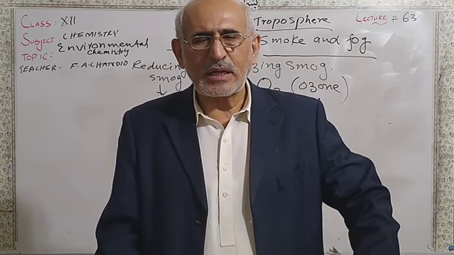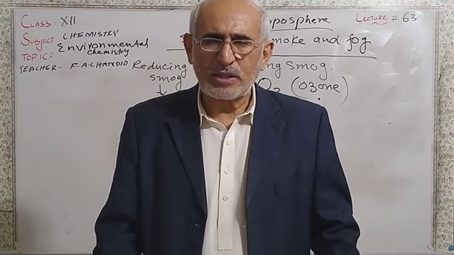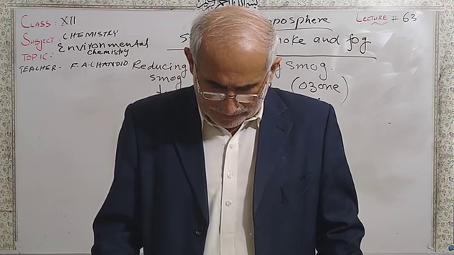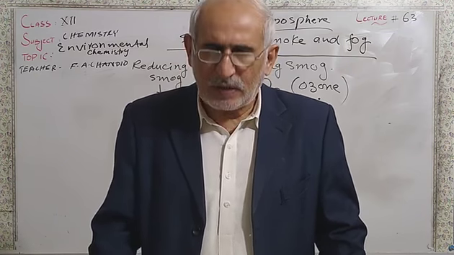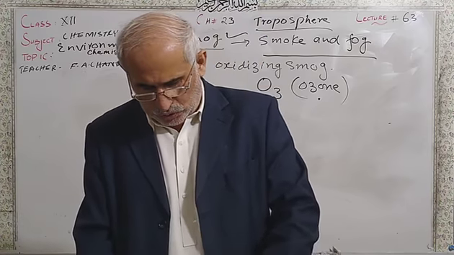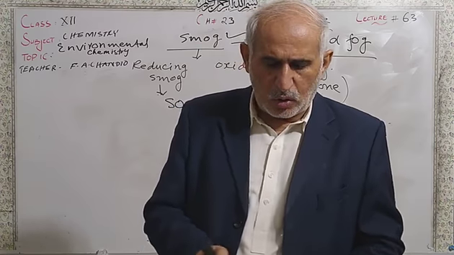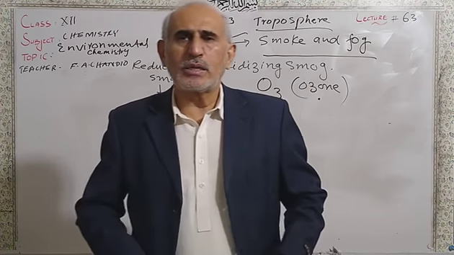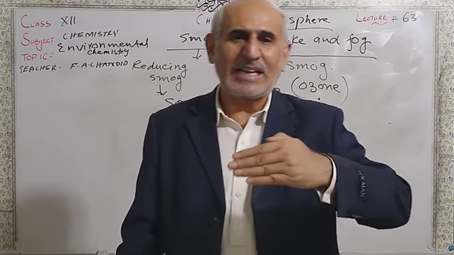So oxidizing smoke is a photochemical smoke in the light, which consists of high concentration of ozone gas. And you know ozone gas is going to be produced here by passing electric current.